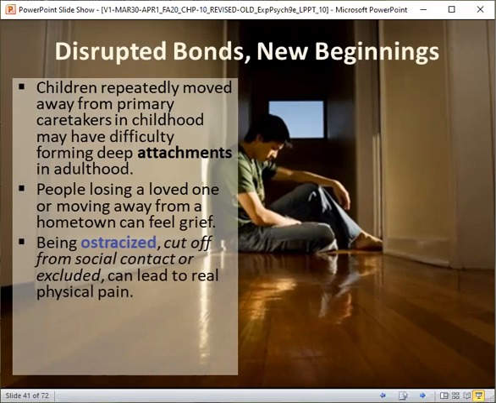Now, we talked about relational aggression in the previous chapter, where someone tries to hurt your relationships and your bonds with others. If someone spreads some bad gossip about an individual, and then all of a sudden all her friends are cutting her off, she's been ostracized, okay? And her relationships have been hindered a great deal.